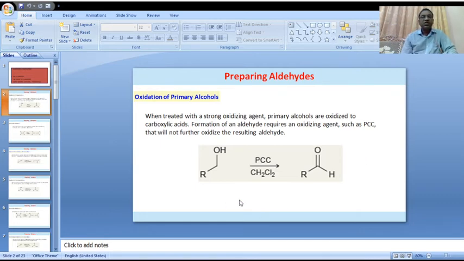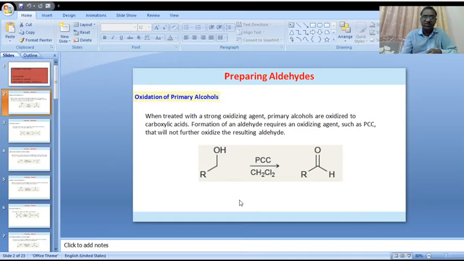When treated with a strong oxidizing agent, primary alcohols are oxidized to carboxylic acids. Formation of an aldehyde requires an oxidizing agent such as PCC that will not further oxidize the resulting aldehyde.